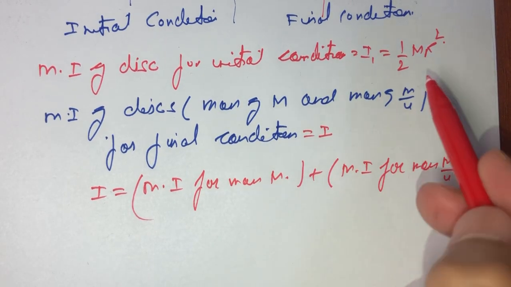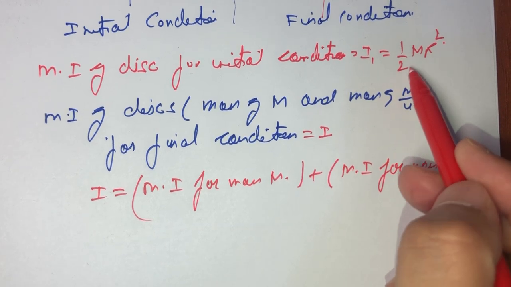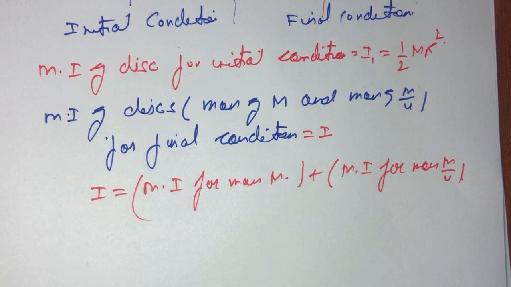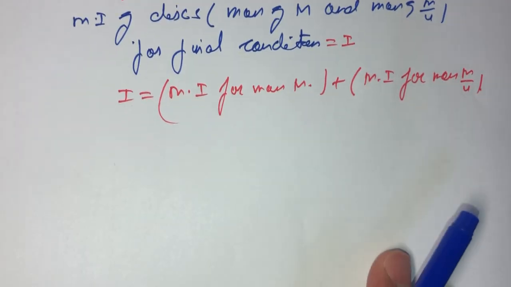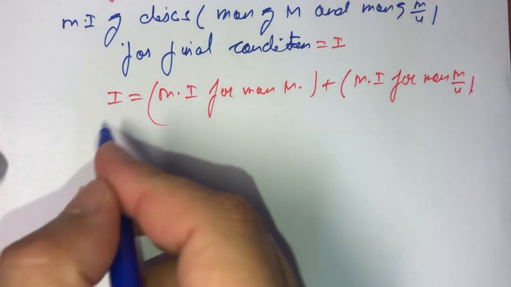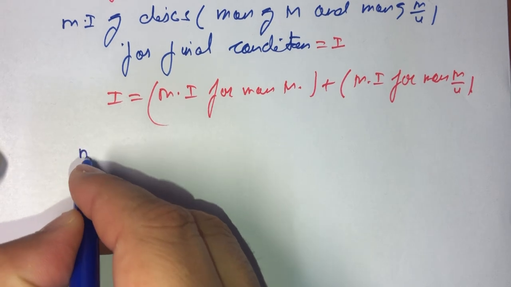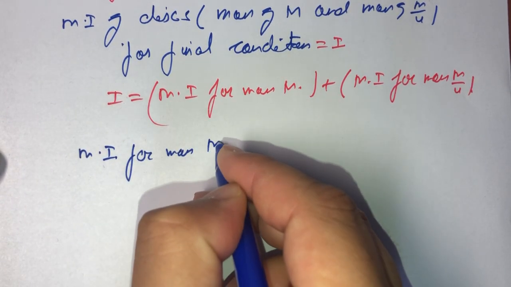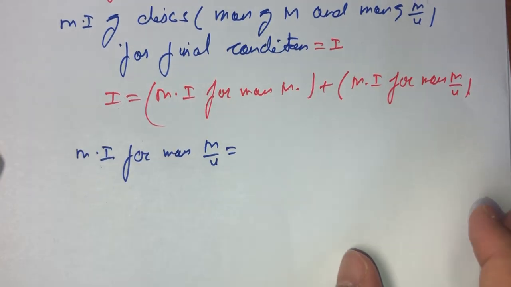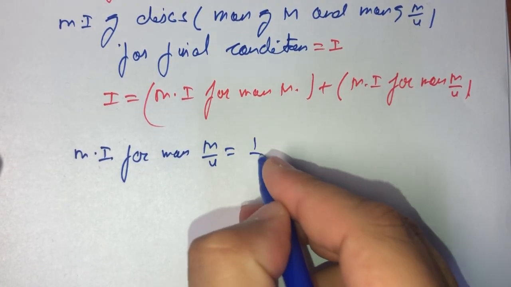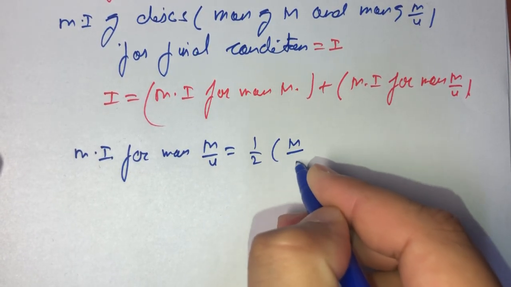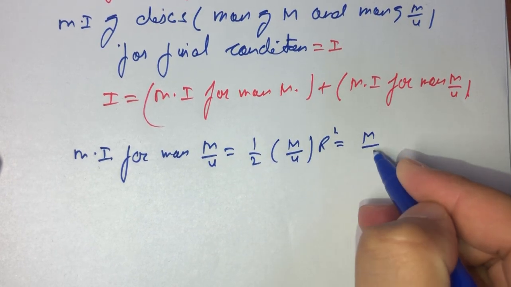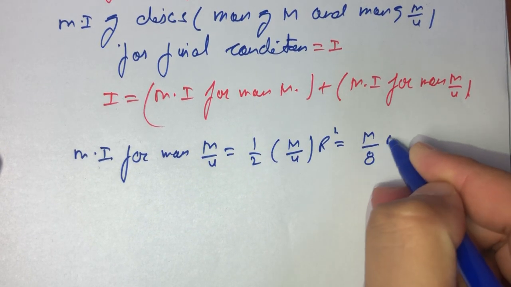For mass m we have earlier calculated 1 by 2 m r square, and for mass m by 4 the moment of inertia will be equal to 1 by 2 m by 4 r square, which gives us m by 8 r square.